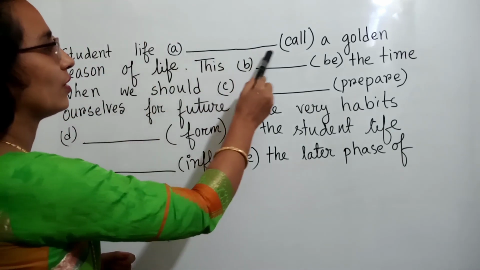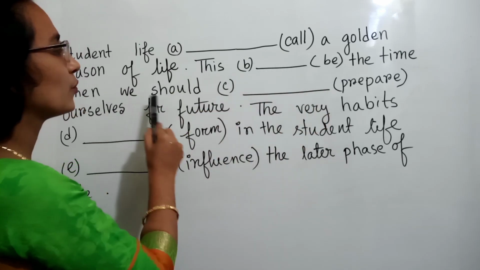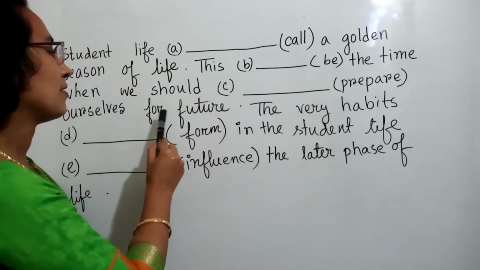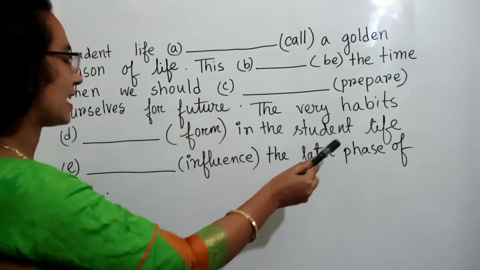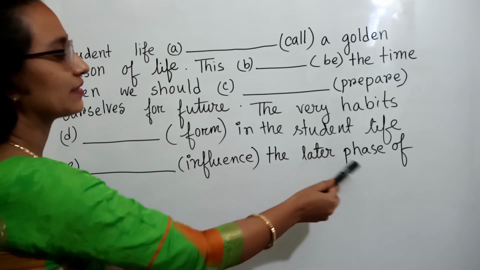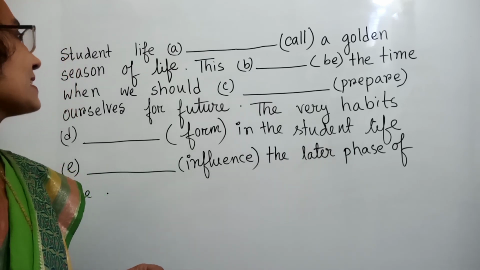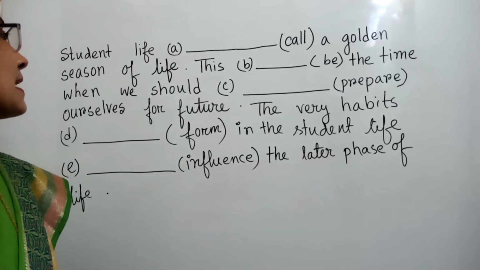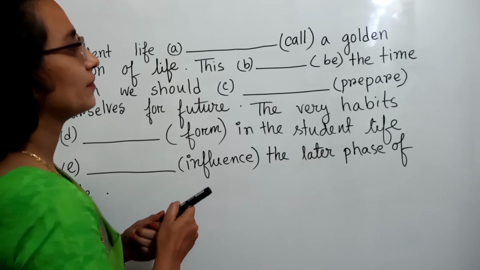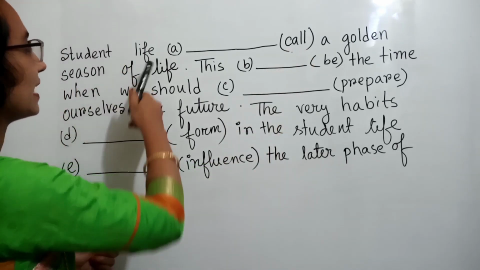Student life called a golden season of life. This be the time when we should prepare ourselves for future. The very habit formed in the student life that influence the later phase of life. In the first sentence, student life called a golden season of life, the given verb is call and the subject is student life.